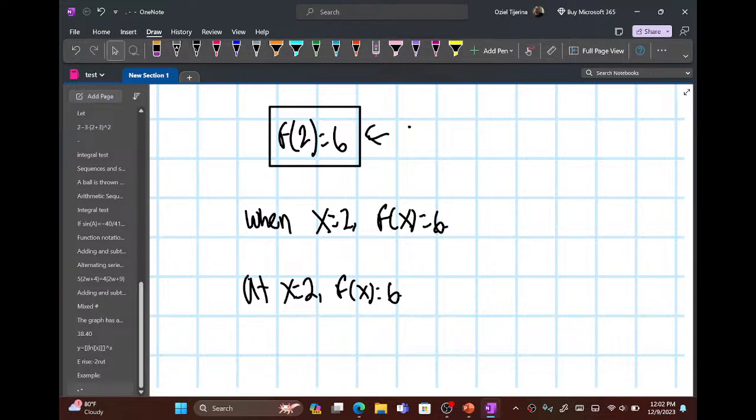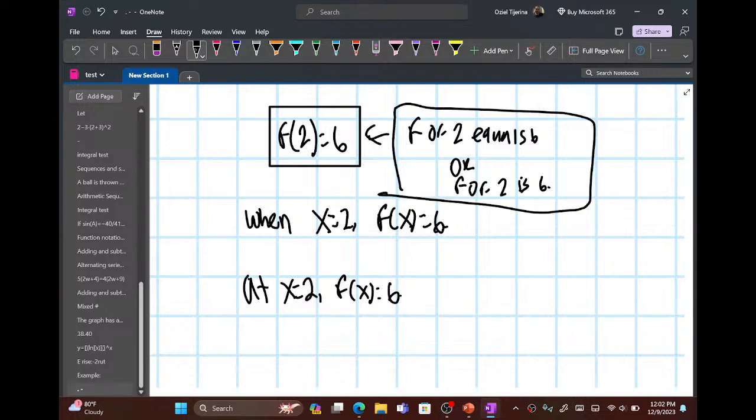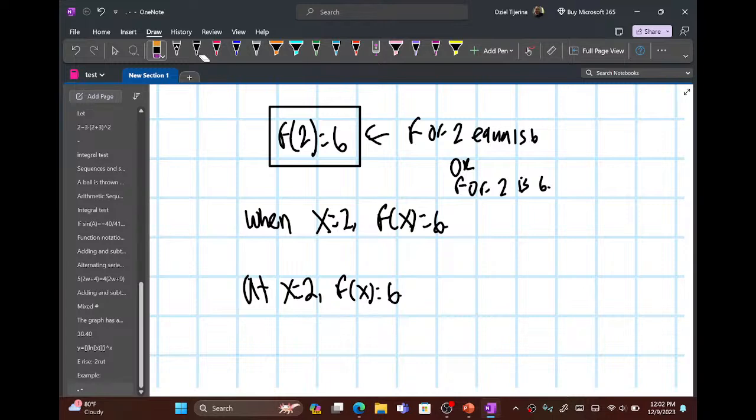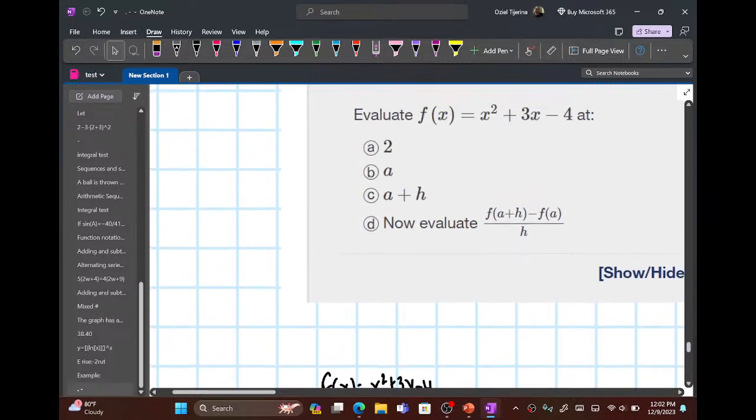This is also read as f of 2 equals 6, or f of 2 is 6. Something similar. This is how we read it, okay? That is the main idea, so that is how we do part A.